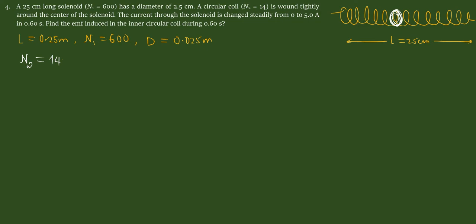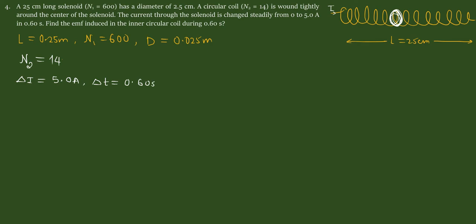The current through the solenoid is changed from 0 amperes to 5 amperes in 0.6 seconds. So that means we are changing current by 5 amperes in this solenoid in delta t equal to 0.60 seconds.